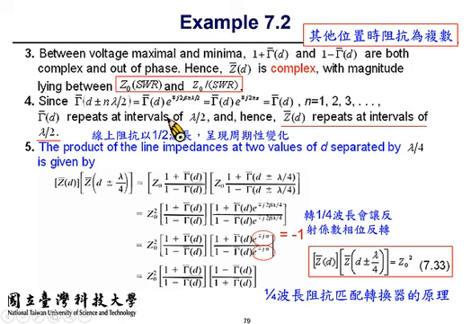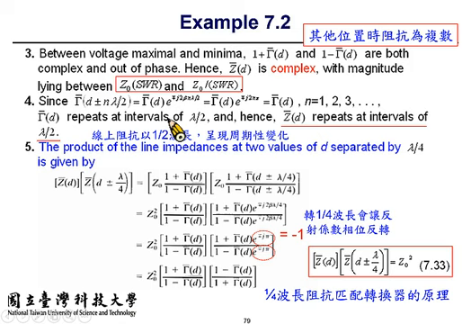So the impedance observed here is Z of D, and in this place it is D plus a quarter wavelength. There's an interesting property about the impedance at the two positions.